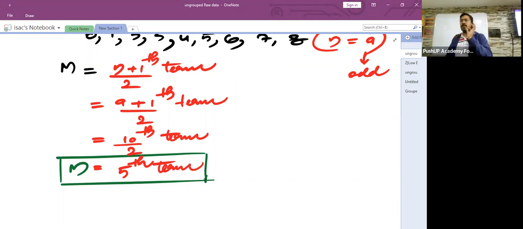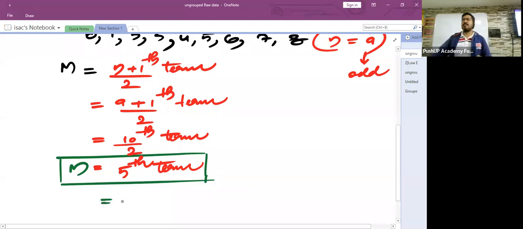But in median, there is a small change. Children, you're not directly getting the median value. In order to get the median value, first of all, you have to find which term in the arrayed data is giving you the median value.